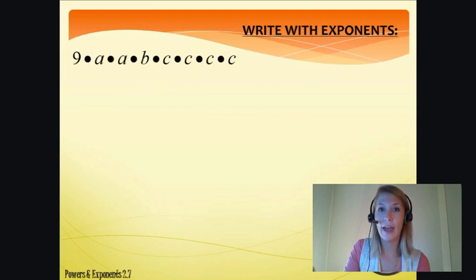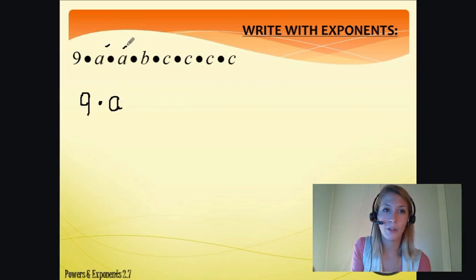Let's take a look at writing more with exponents when we're dealing with numbers and variables. Here we have our number 9, which is not being factored anymore. And then we have our variable a, which is being factored twice. Our variable b, that's only being factored once, so we don't put an exponent.